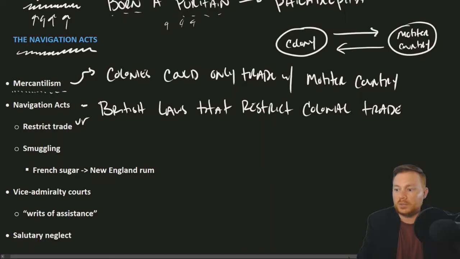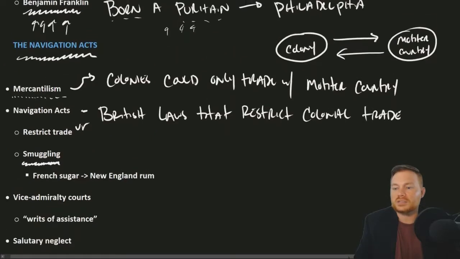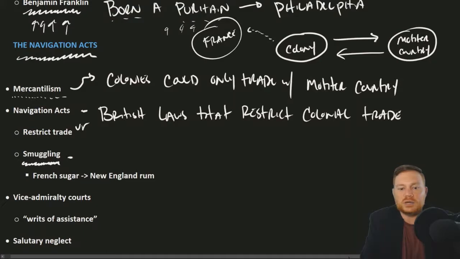First and foremost was the fact that illegal trading replaced what was legal trading before. Rather than only creating a system where the colonies traded with the mother country, colonies would go to other countries like France, but now would only do it illegally. We call that smuggling. Smuggling is illegal trade.